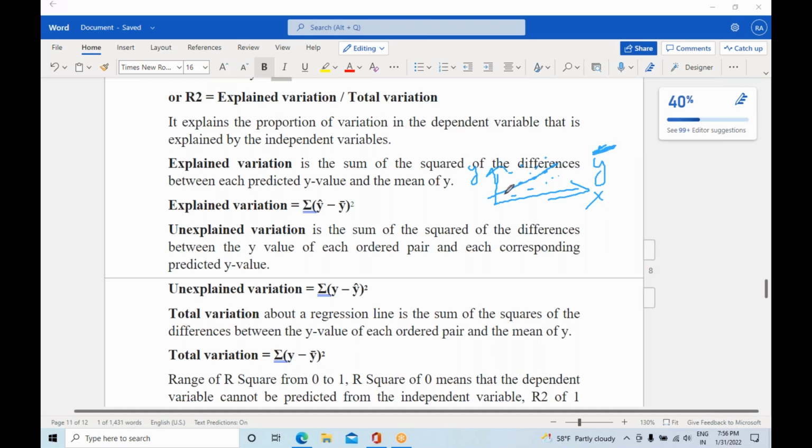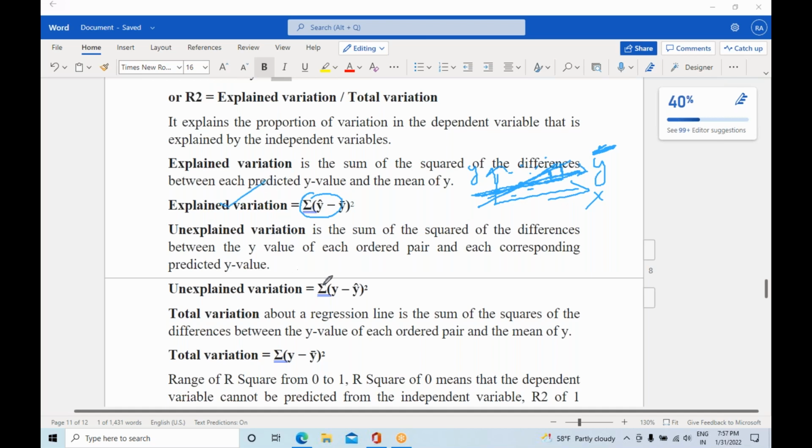So for example, this line is my mean value. We have to find out the distance between this line and your best fit line. So we take the difference between your best fit line and your mean line, and you will get some kind of value. We need the sum of it, so that is your explained variation.